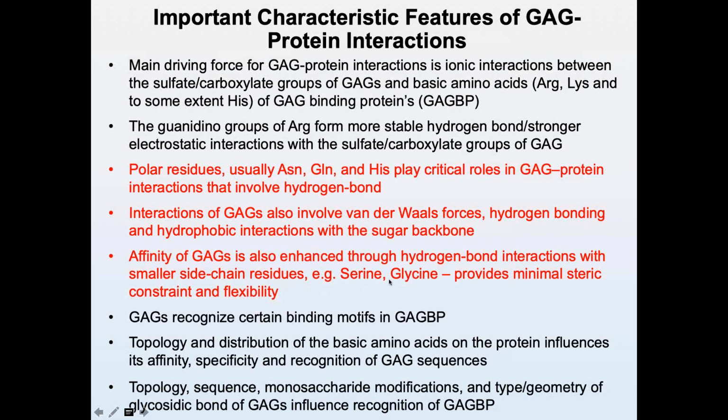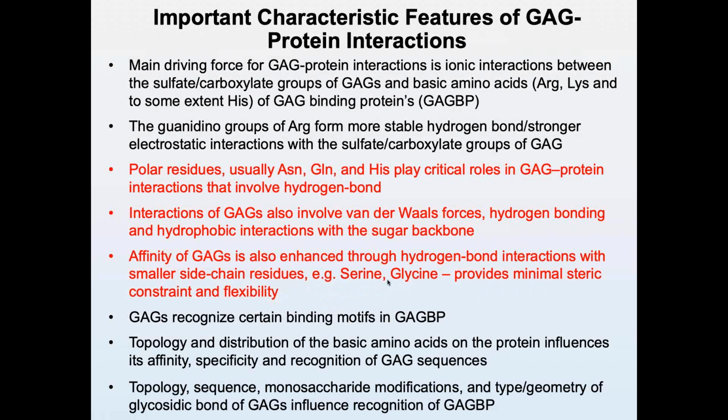In addition, serine, glycine, and all these small amino acids are sometimes very important because they allow these GAGs to approach the binding site with very minimal steric constraint and flexibility. And this has to do with how some of these GAGs recognize these proteins.